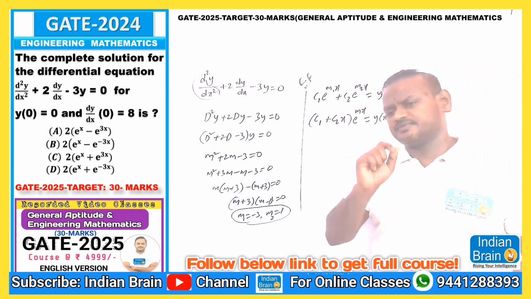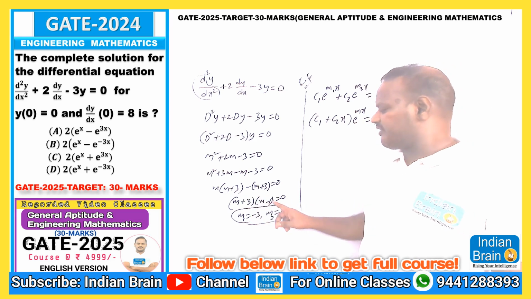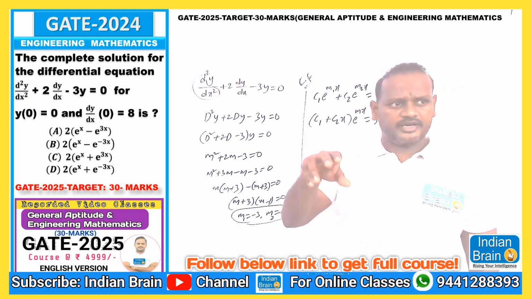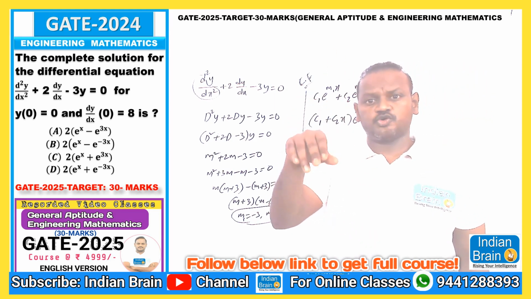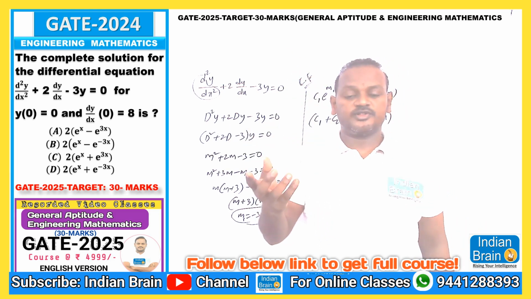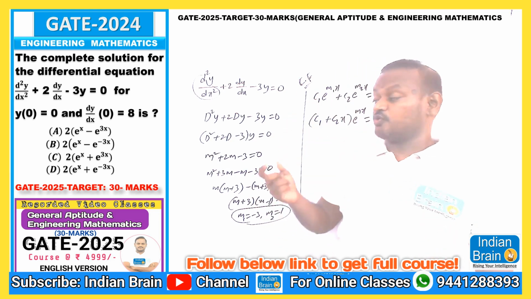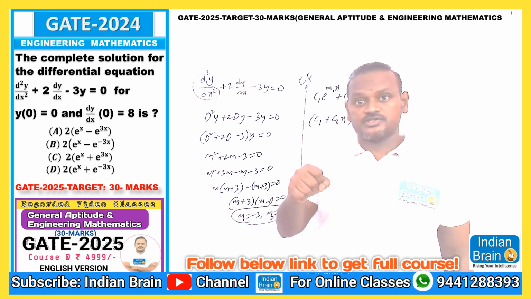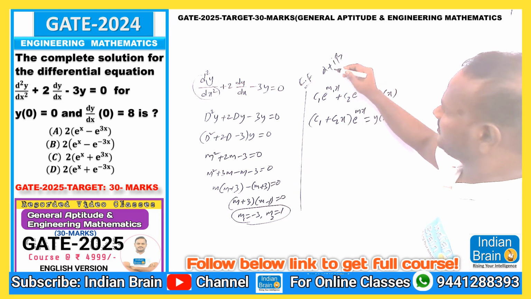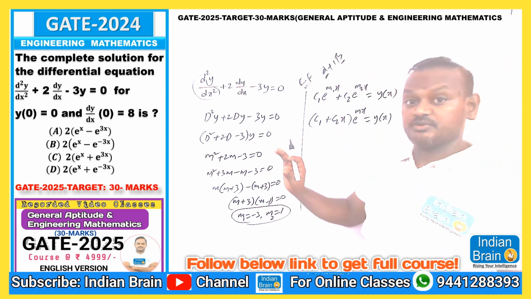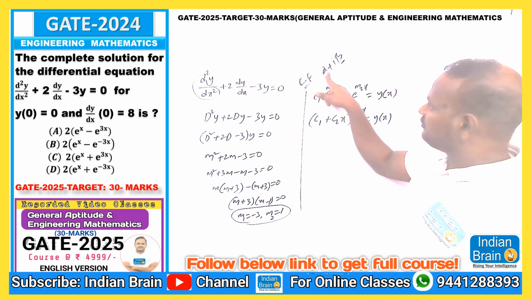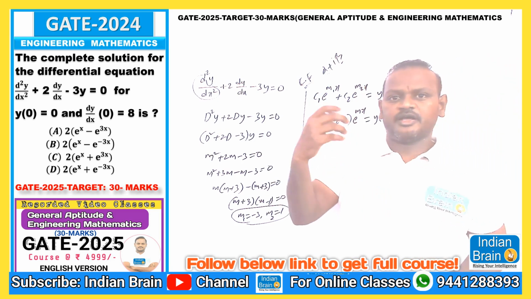Of course, you may have one doubt here. If you get complex numbers in the roots, from minus b plus or minus root of b square minus 4ac, then in that b square minus 4ac value, if I get a negative value, that can be a complex number, right? So whenever you have complex roots, just like alpha plus i beta, one real value will be there and one imaginary value will be there.